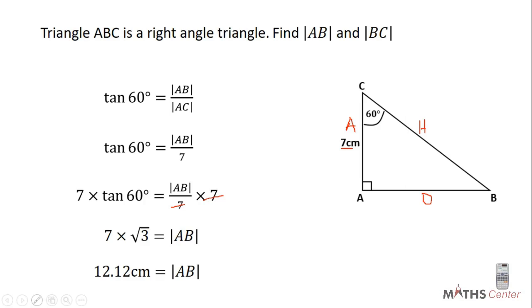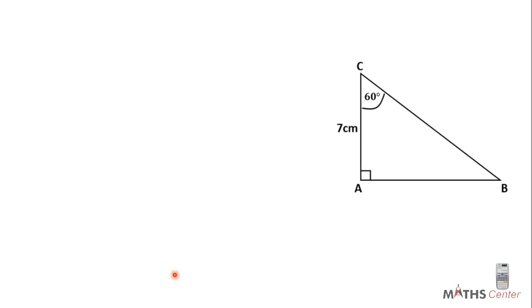I'll leave my answer to 2 decimal places. So we have AB is equal to 12.12. Don't forget the units, centimeters. So the length of AB is 12.12 centimeters. Let's go on to the second part, which is finding the length of BC.